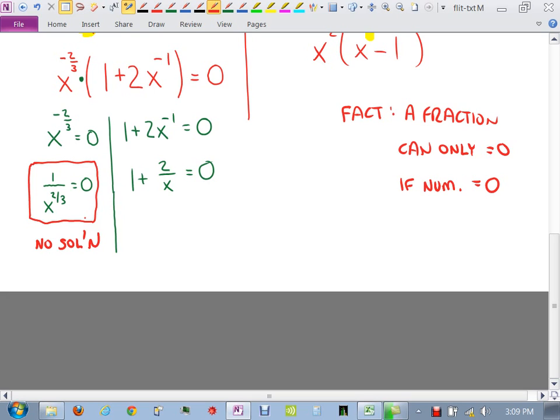But what about the equation on the right side? Can we get a solution for that? Yes, we can take the 1 to the other side, multiply both sides by x, and then change signs. So x is what? -2.